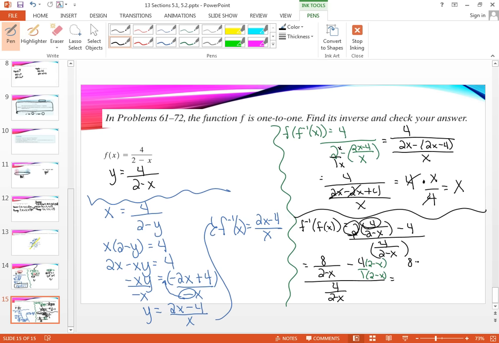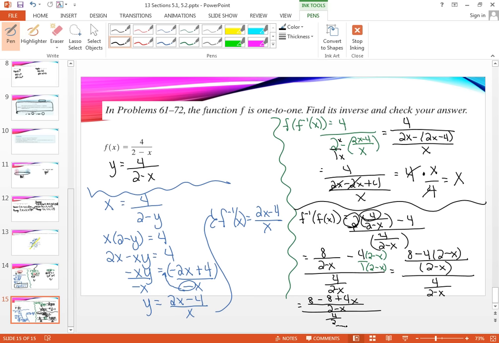So 8 minus 4 times 2 minus x, over 2 minus x, over the fraction 4 over 2 minus x. Okay, I am running out of space. 8 minus 8 plus 4x over 2 minus x, over 4 over 2 minus x.